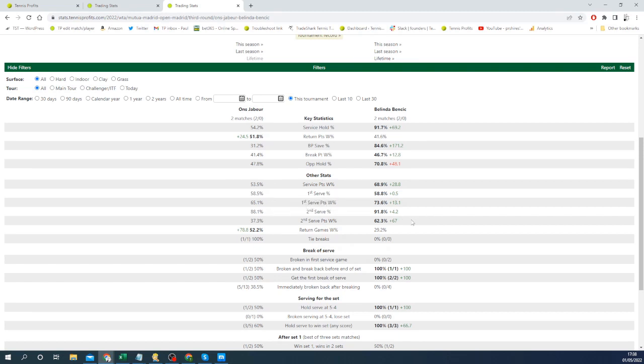Second serve won percentage, better for Bencic. You've got return games won, that's better for Jabeur, but as we've seen, her matches have generally had breaks for both players. Tie breaks, just the one. Jabeur, and she won it.